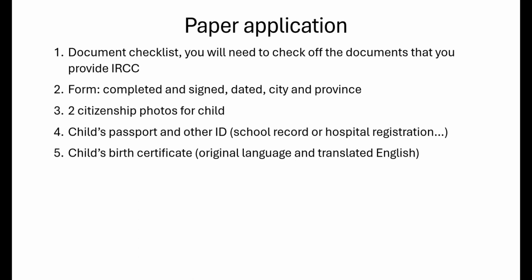Number 5, that is the child's birth certificate that has your name, the parent's name, on it, and one of the parents needs to be a Canadian citizen. Number 6, that is the parent's Canadian citizenship proof. The proof of citizenship, you need to have that proof, because if you are not a Canadian citizen, then you cannot pass the citizenship to your child, right?